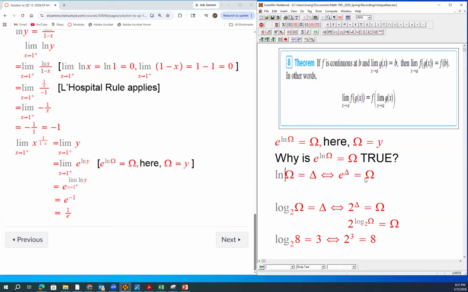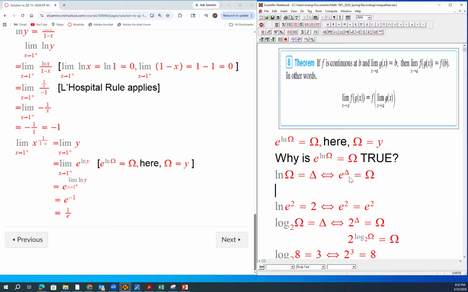Let me give you an example. Suppose this is e squared. What will triangle be? Triangle will be 2, because e to the power 2 is e squared. Do you see that? This is the definition for log base e, which is called the natural logarithm.